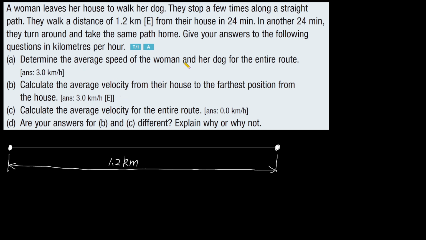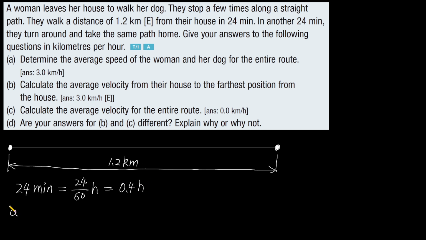So we need to change the minutes to hours. So 24 minutes equals 24 over 60 hours, and this equals 0.4 hours.